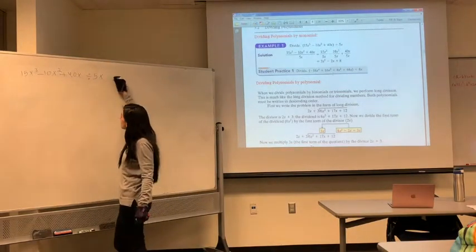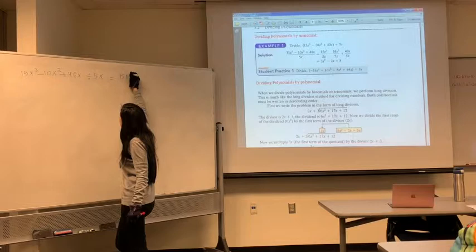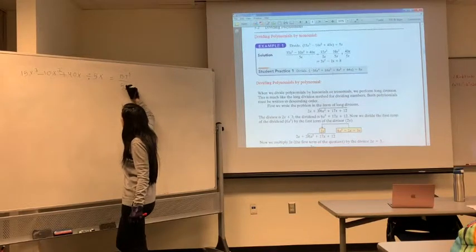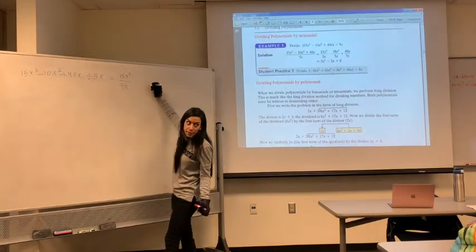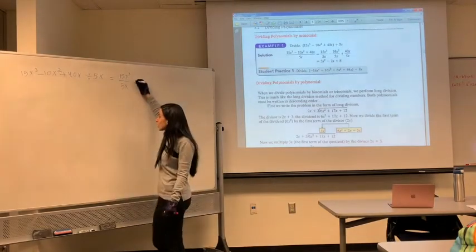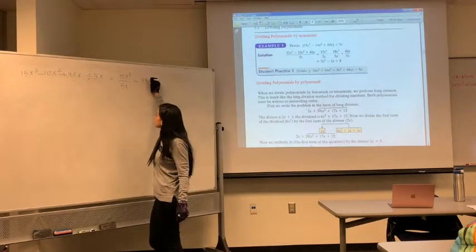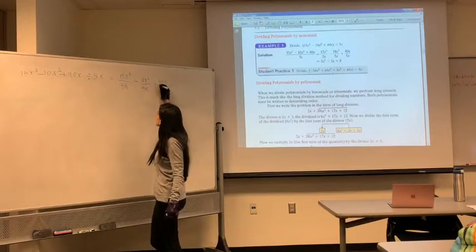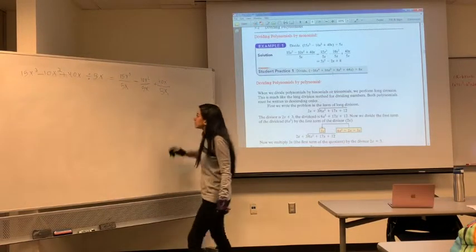So I can write it down in this way, like a fraction, correct? Minus 10x squared over 5x plus 40x divided by 5x.